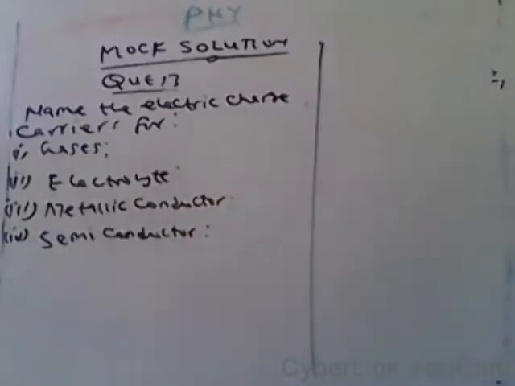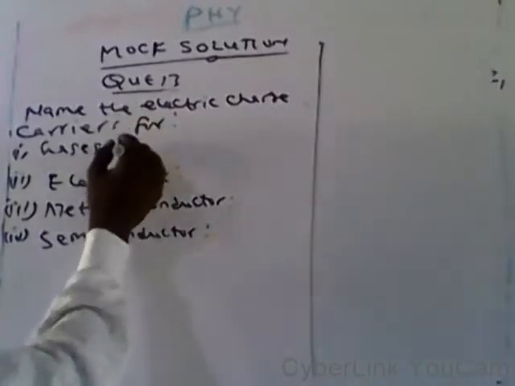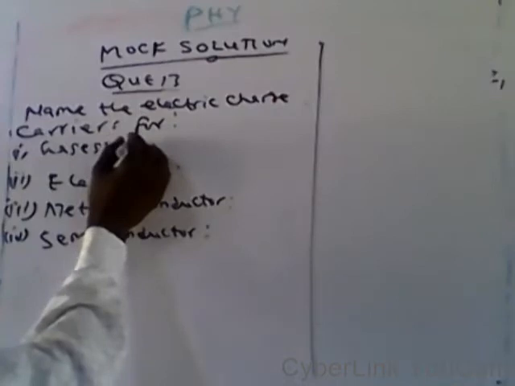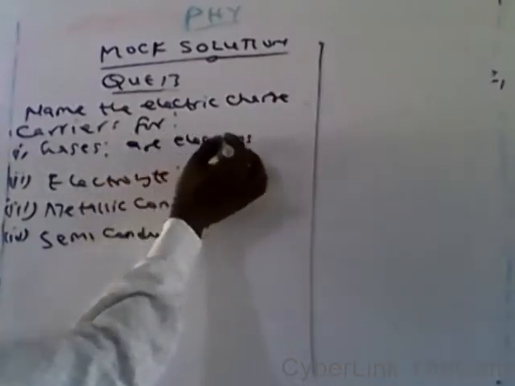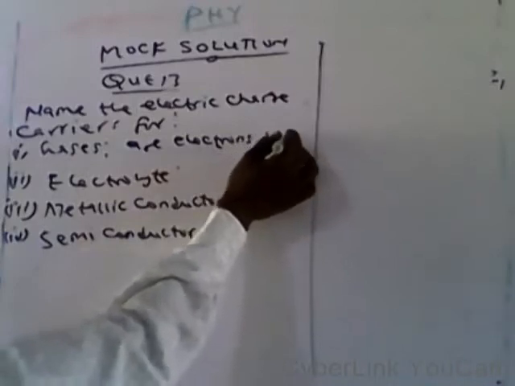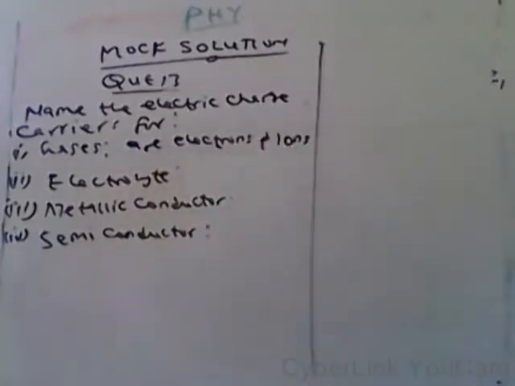Now, for the first one, the electric charge carriers for gases are electrons and ions.